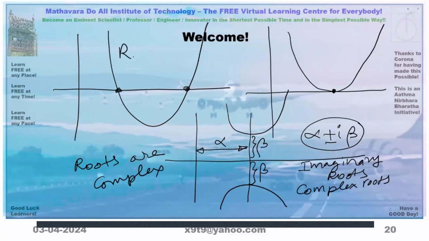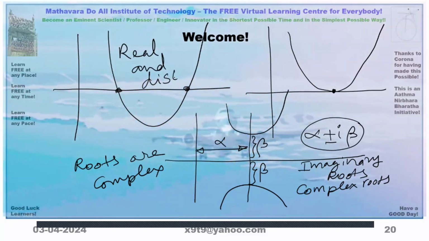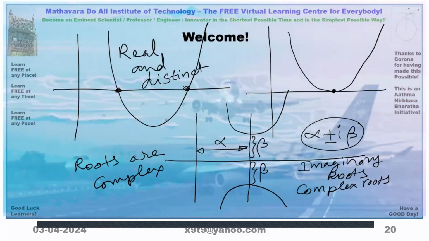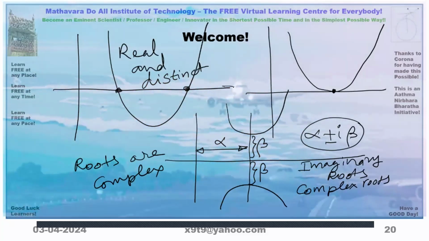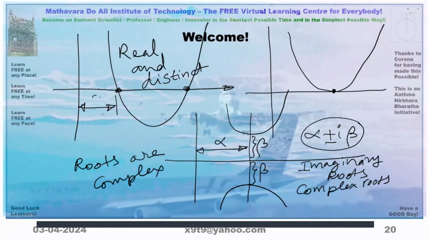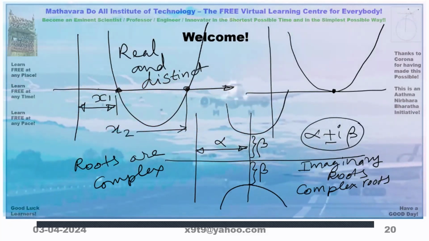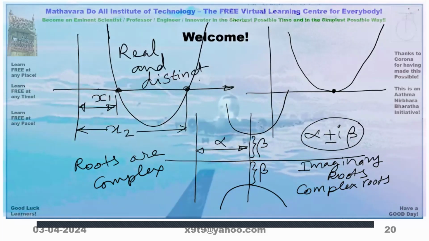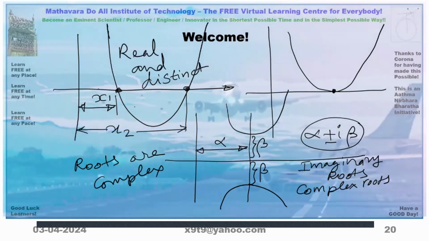In this case, they are real and distinct. That means there are 2 points, they are easy to distinguish. They actually cut the x-axis at 2 points at these values. So one point maybe we can call x1, another we can call x2. Now you can imagine that it is something like a garland you hold at the two ends, and slowly raise it.